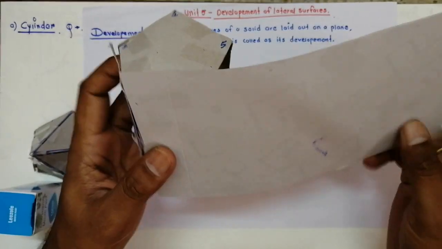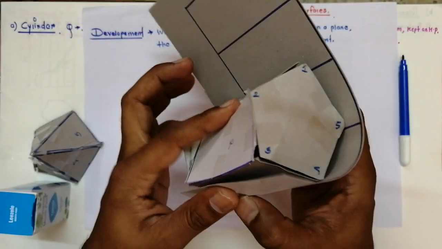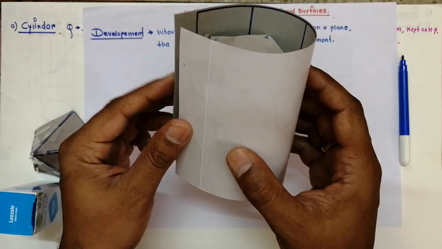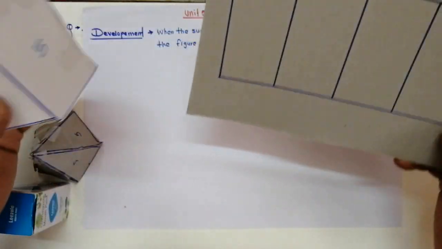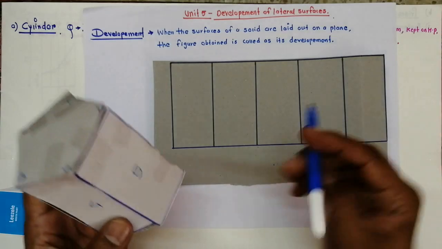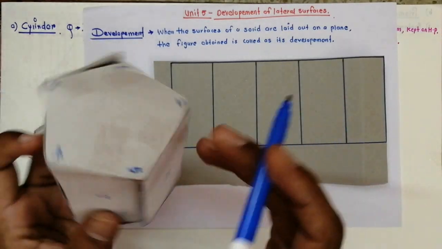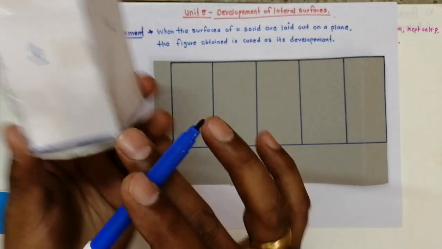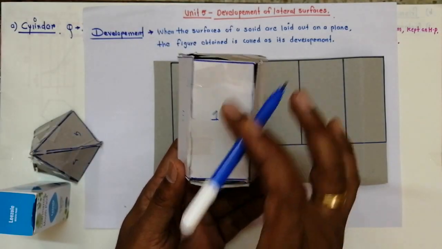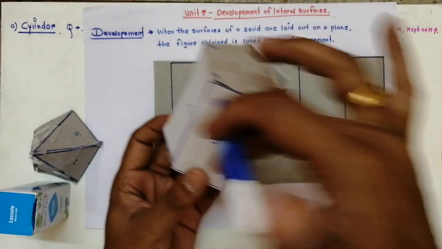If I wind this sheet on this pentagonal prism and then open the sheet, what do I get here? I get 1, 2, 3, 4 and 5, that is 5 rectangles. These 5 rectangles are there because of the rectangles on the lateral surfaces.